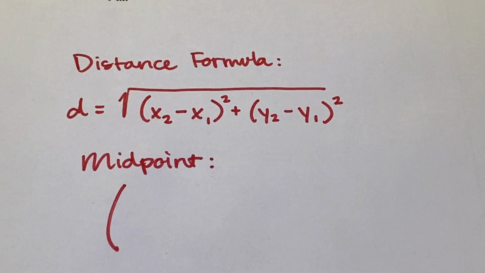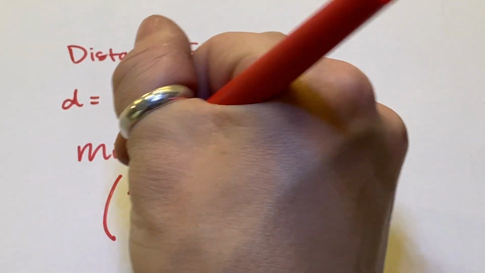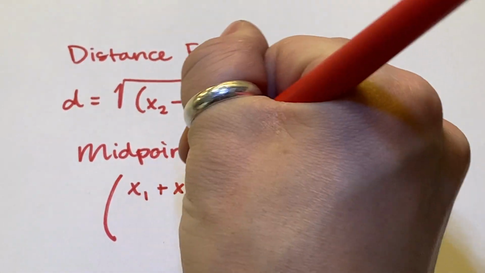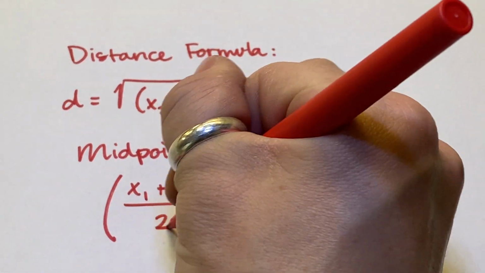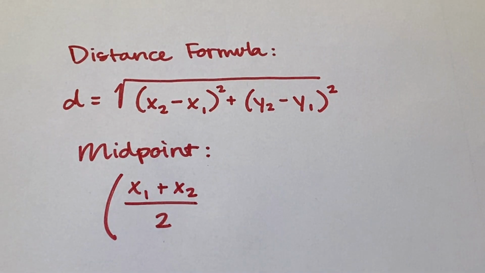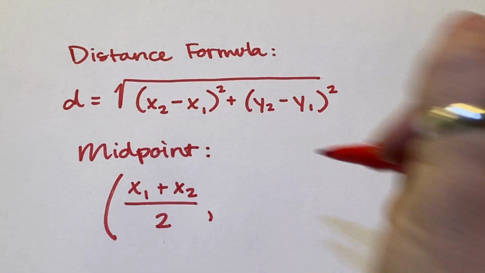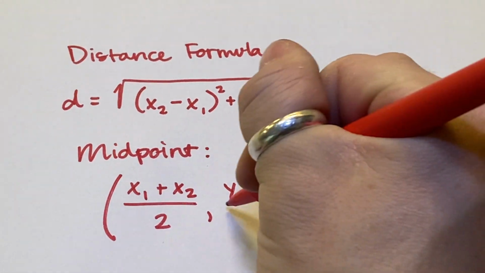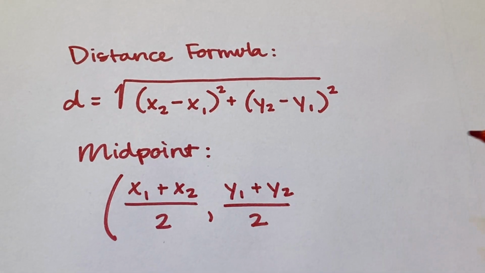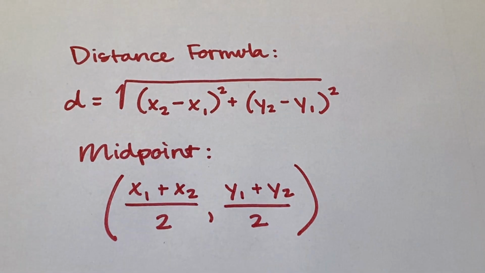parentheses, because this is how we write a coordinate point, x1 plus x2, so adding your x coordinates and dividing them by 2, will give you your new x-coordinate, comma, then add your y-coordinates, y1 plus y2, divided by 2, will give you your new y-coordinate.